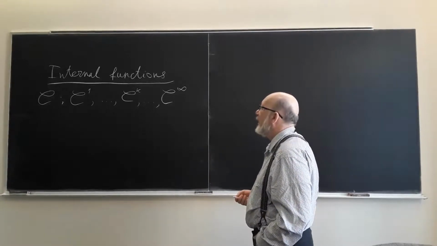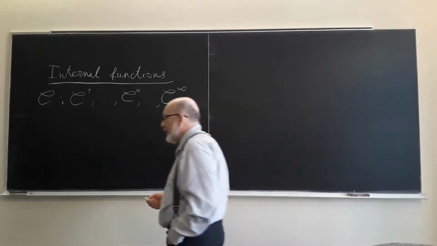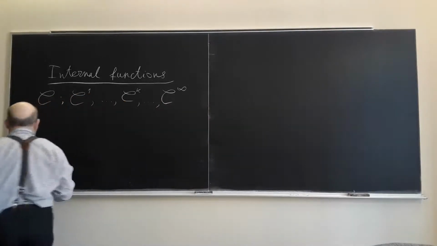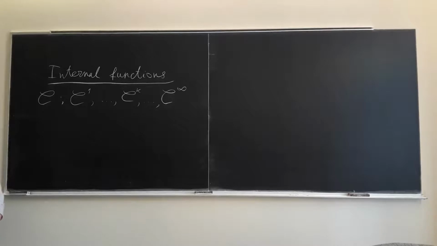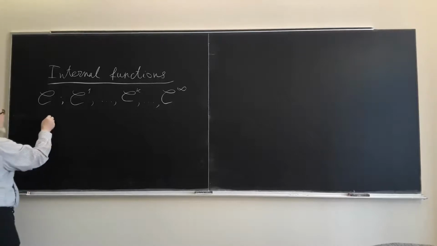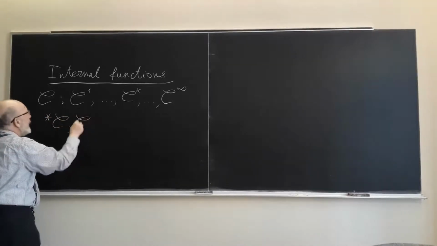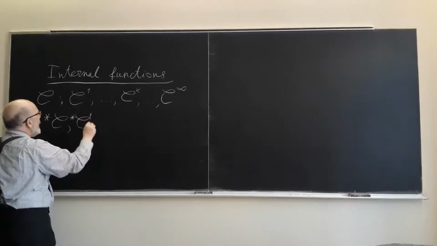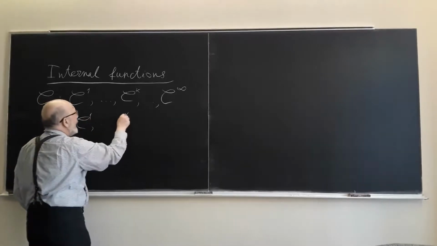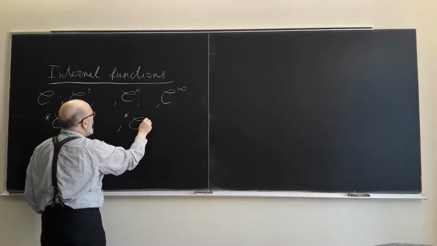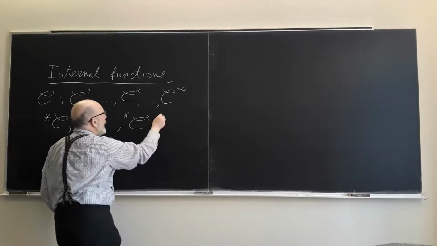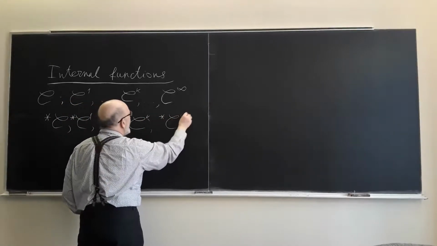Well-defined sets. And now we can introduce their non-standard counterparts. So these are star C, star C1, and so on, star Ck, star C infinity.